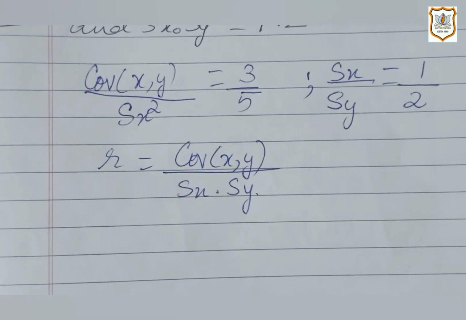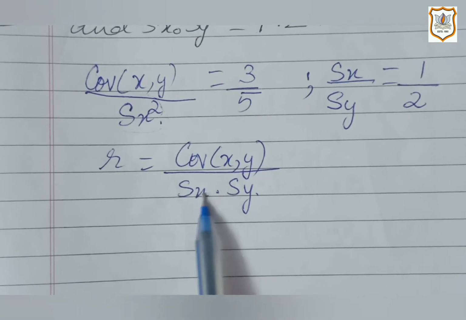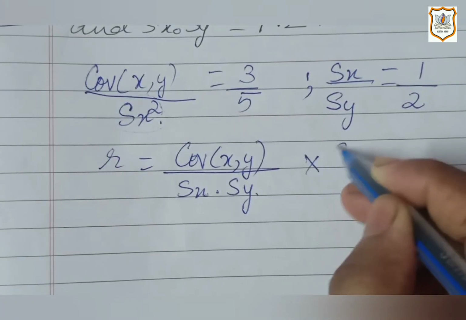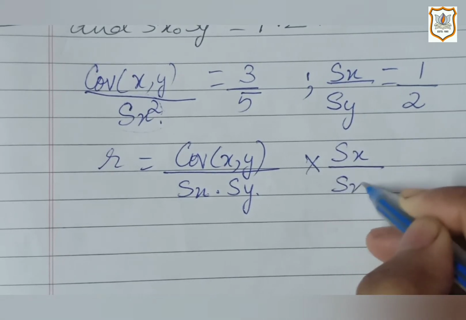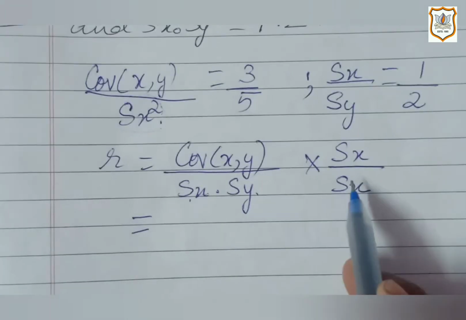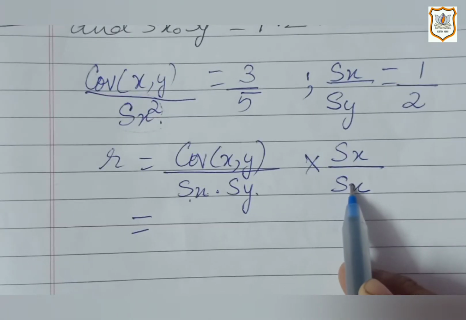Now what we are supposed to do? Here we are having Sx square. So here in the denominator I need Sx square. So I will have to do what? Multiply and divide by Sx. So now what will happen? This Sx into Sx will become Sx square.